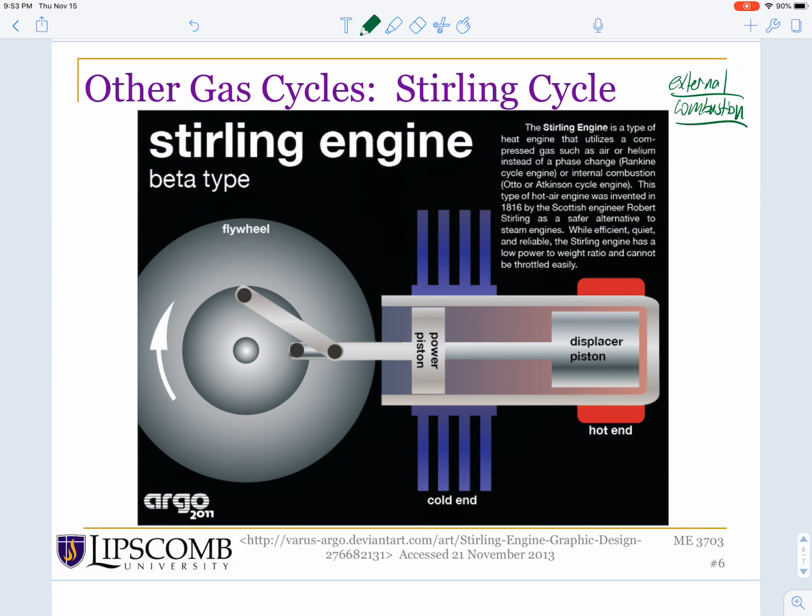This is a pretty interesting cycle. It has quite a history attached to it, and there have been a few people trying to make progress with Stirling cycles in the last few years. I've got a couple links on the course website, and just a couple Google searches will open up a wealth of information for you as well, if you're so inclined to have a look.